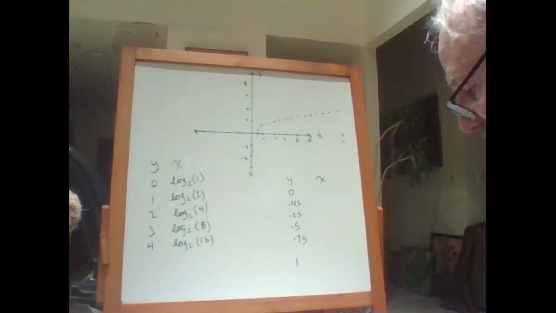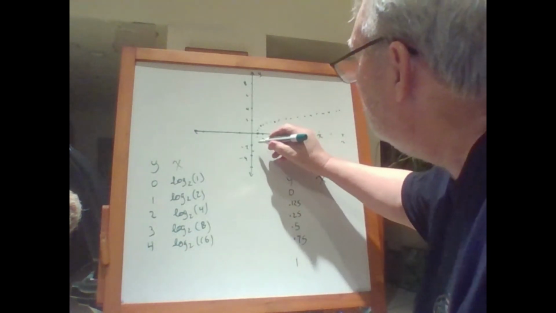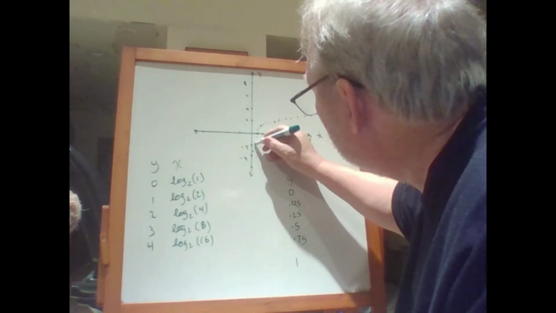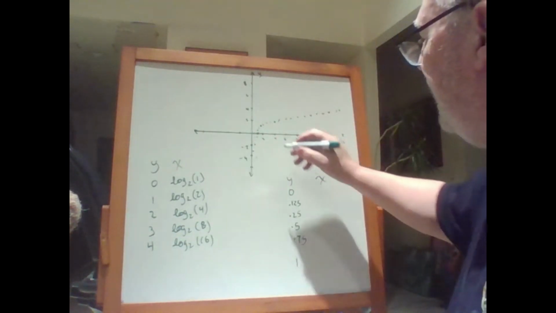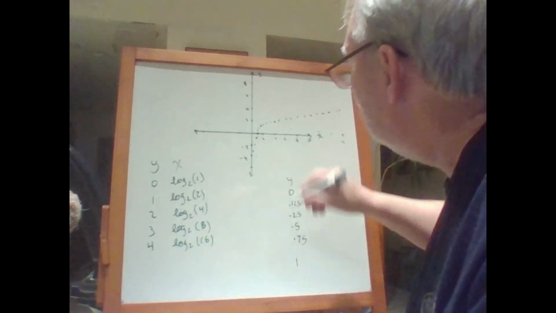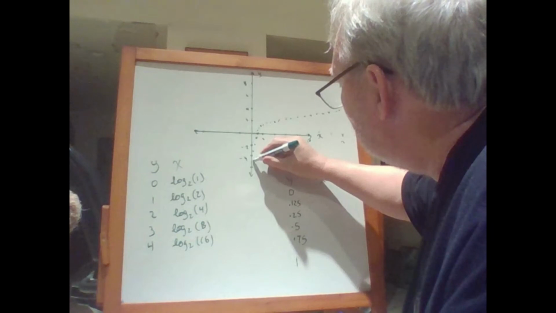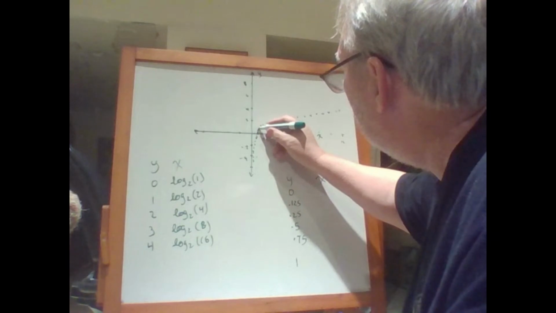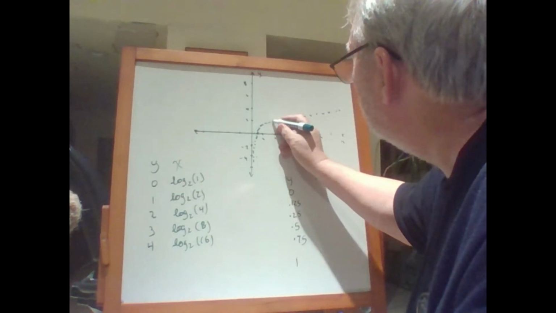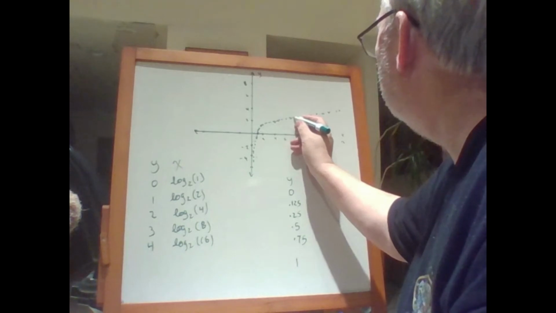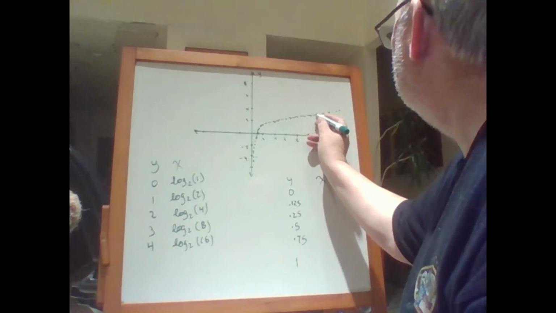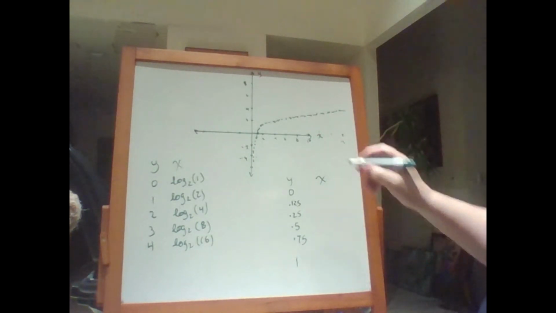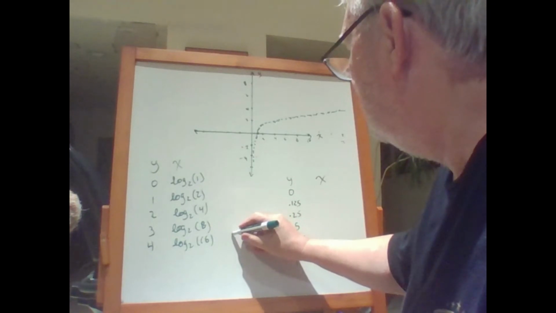Log base 2 of 0.25 equals minus 2. So for the 1/4, it would be right there. For 1/2, it's minus 1. And so what we see is we go down like that, and our curve starts taking a shape like this.